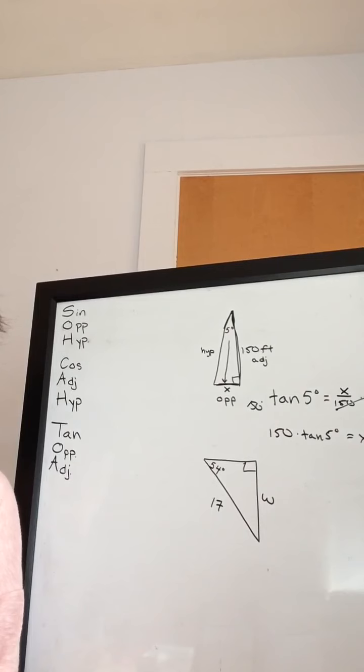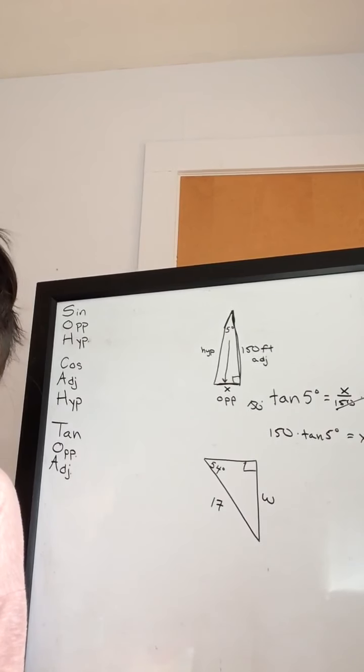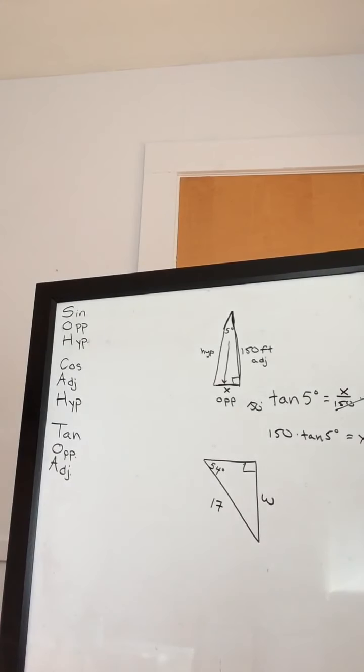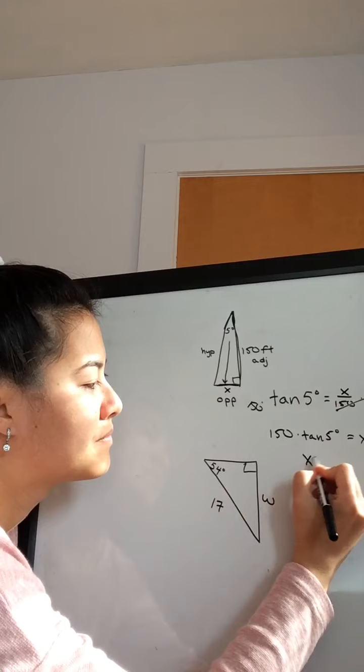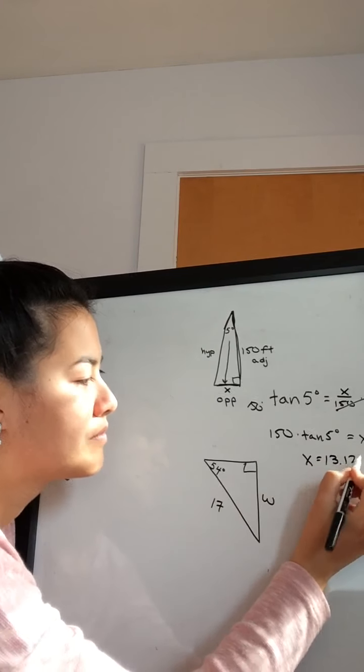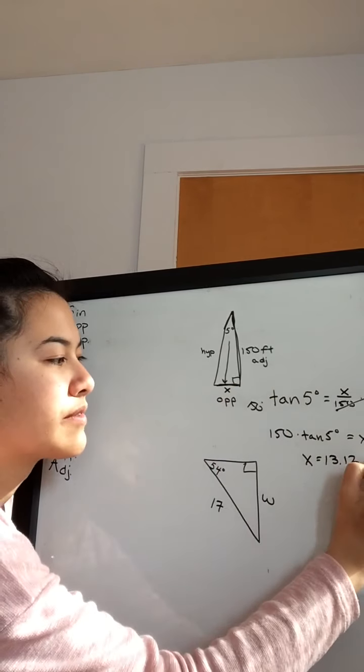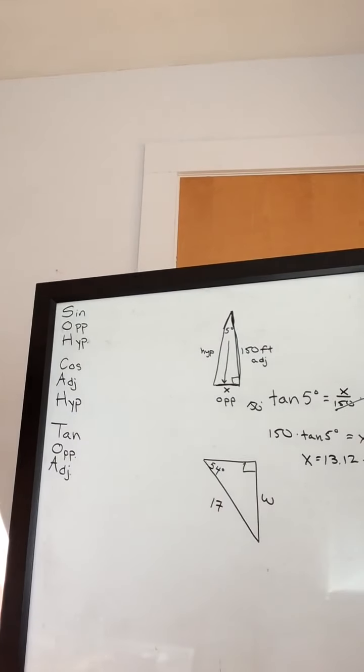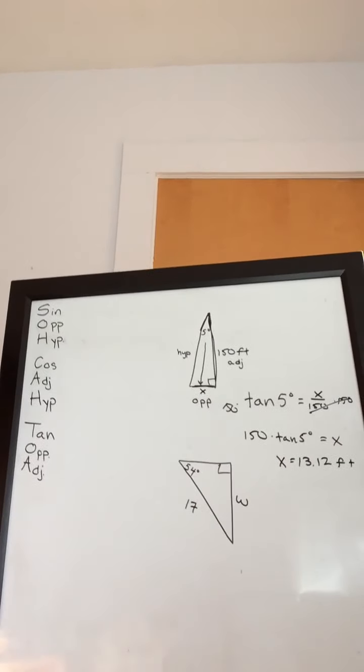In your calculator you do 150 times tangent 5, and you should get 13.12. And this is in feet, right? Because we're measuring the side length. So this would be your answer.